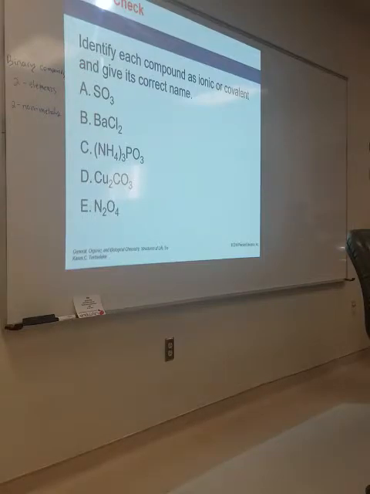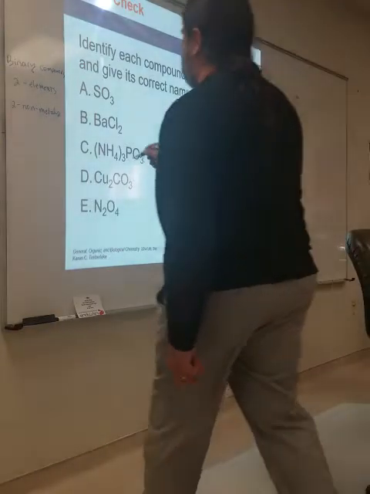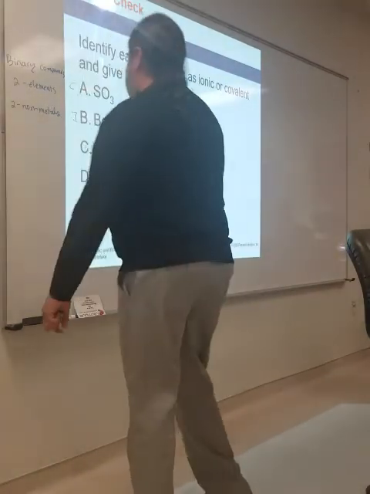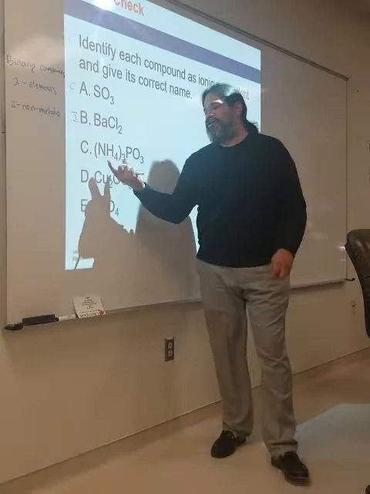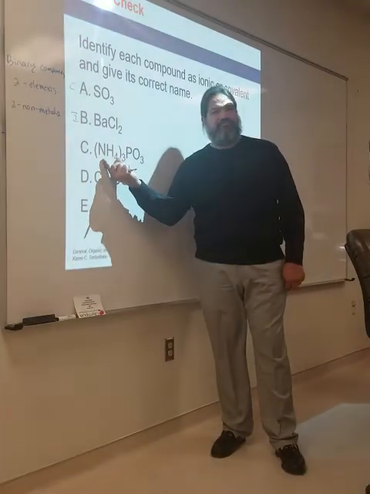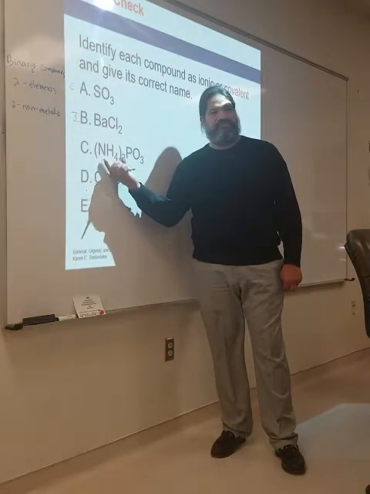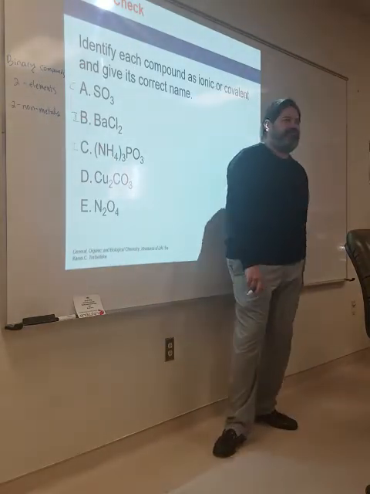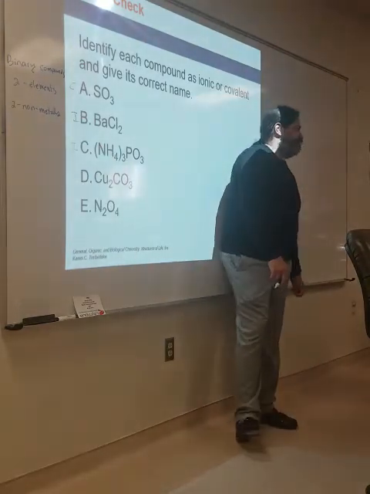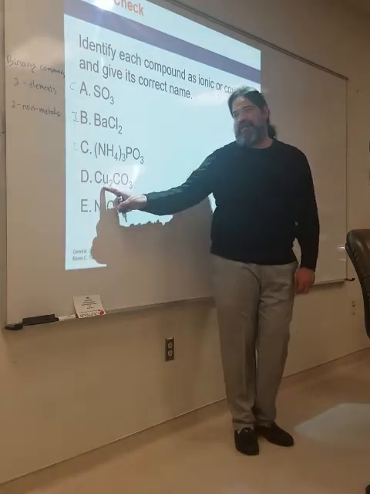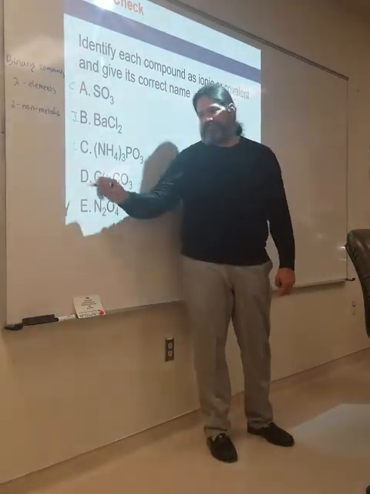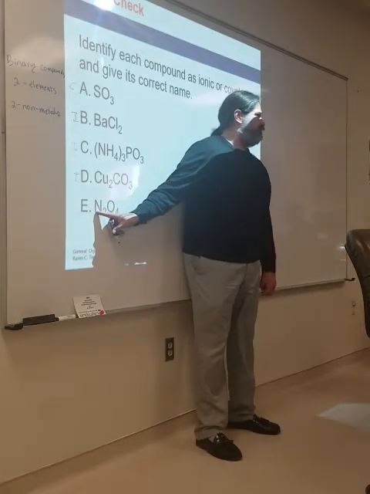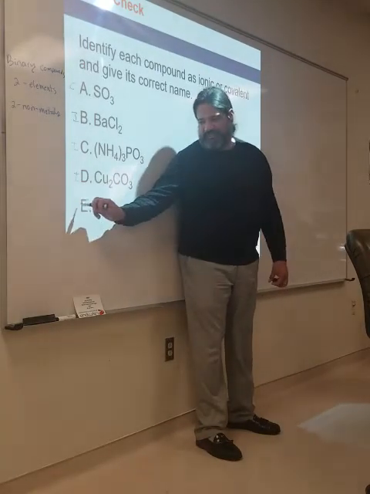Right. So if it begins with a metal or NH4, then it's ionic. Copper, metal or non-metal? Metal, so that makes it ionic. Nitrogen, metal or non-metal? So that makes it covalent.